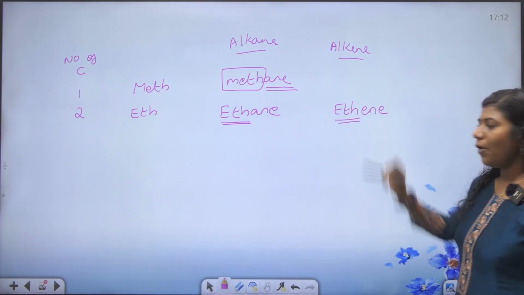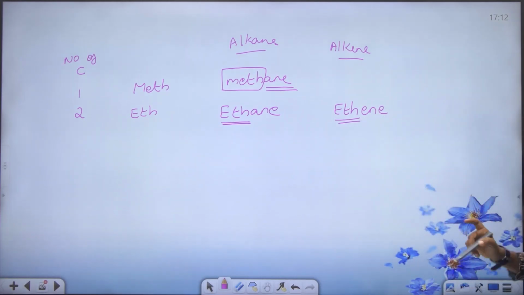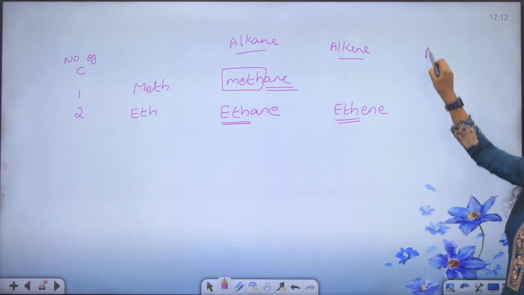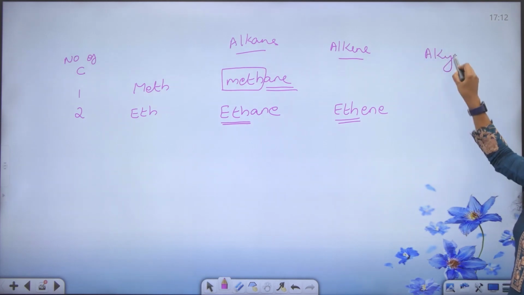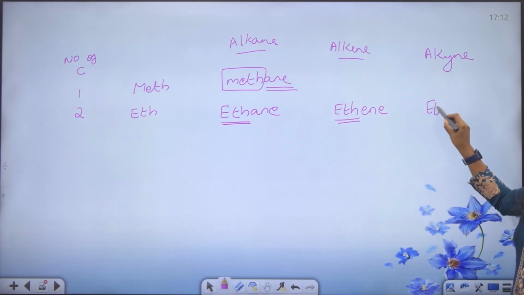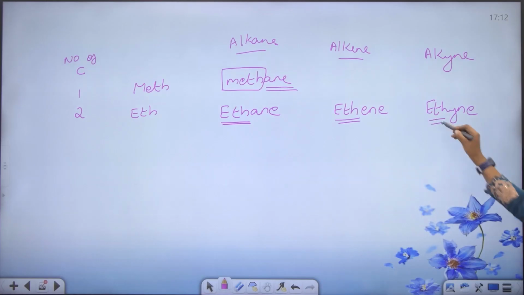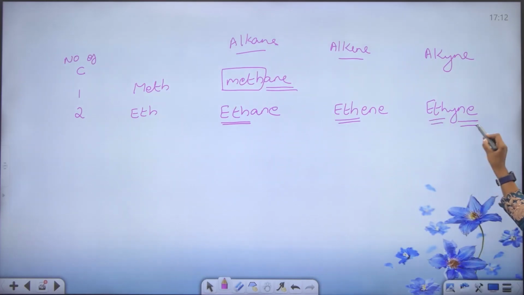Eth stands for 2 carbon atoms, and ENE means a double bond is present. If the number of carbon atoms is 2 and a triple bond is present, the name of the compound is ethyne. What is ethyne? Eth for 2 carbon atoms, and YNE stands for a triple bond.